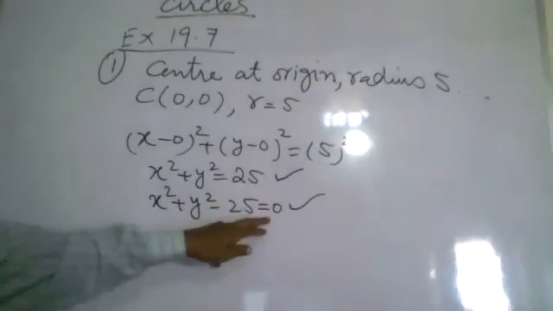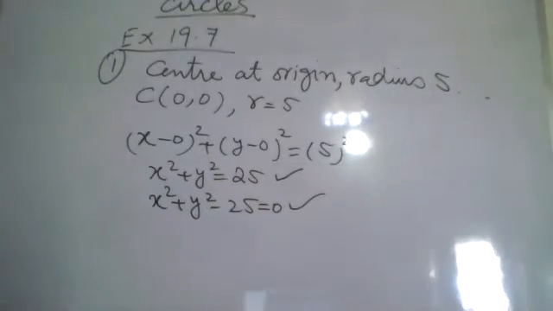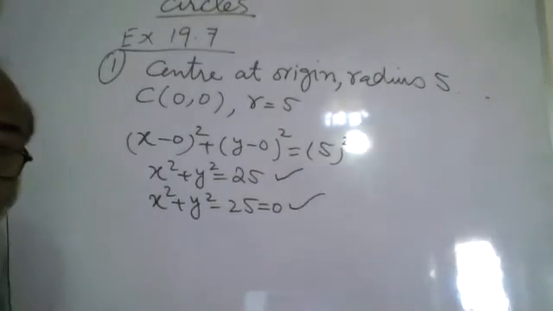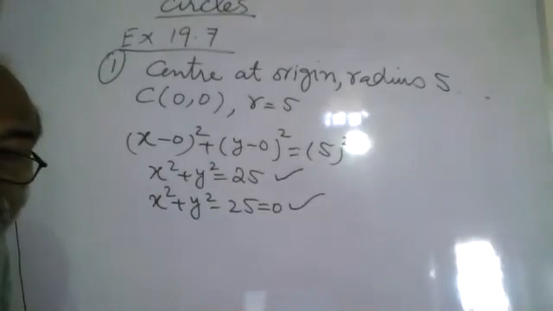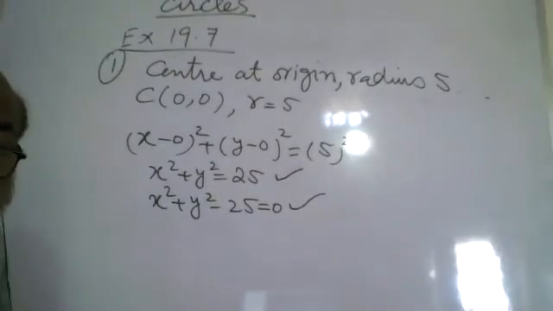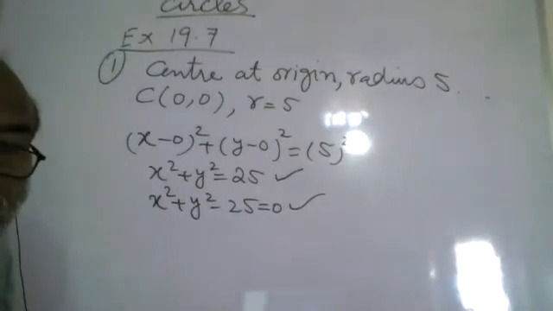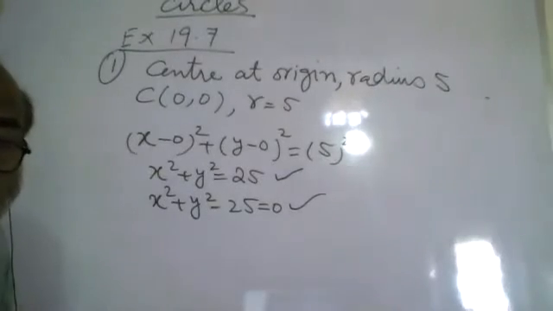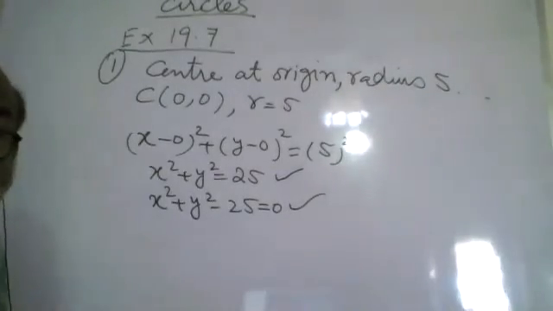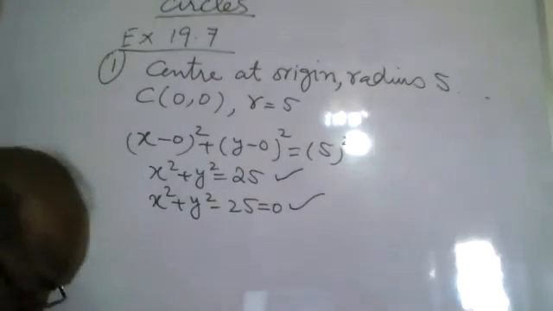In standard form, it must be equal to 0, just like the quadratic equation, when we change into the standard form, it must be equal to 0. Okay, that was question number 1.